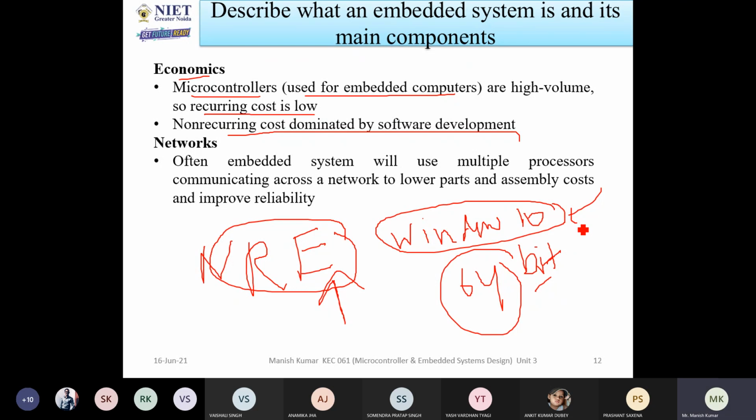So the manufacturer, the company is spending the money on engineers for developing or designing the Windows 10 operating system. So that cost will come under the non-recurring cost or non-recurring engineering cost.